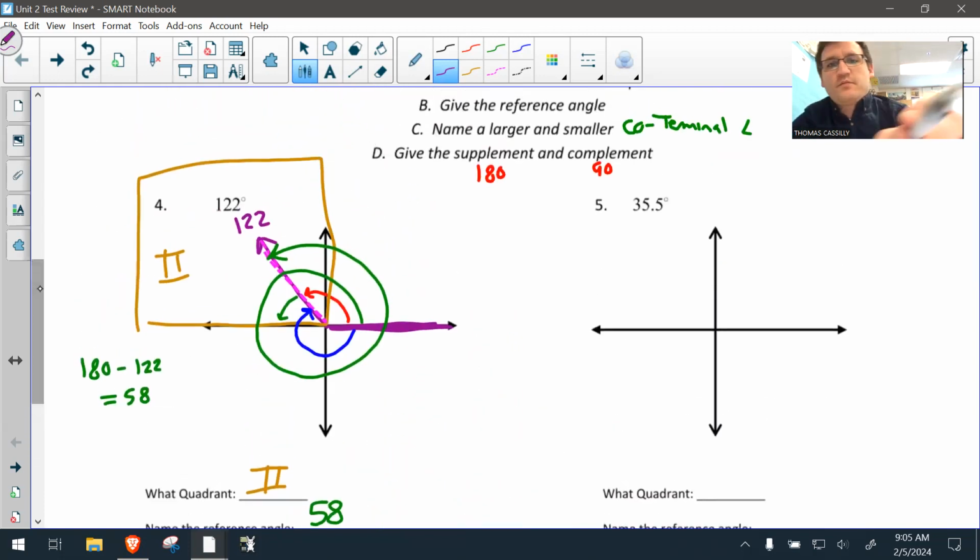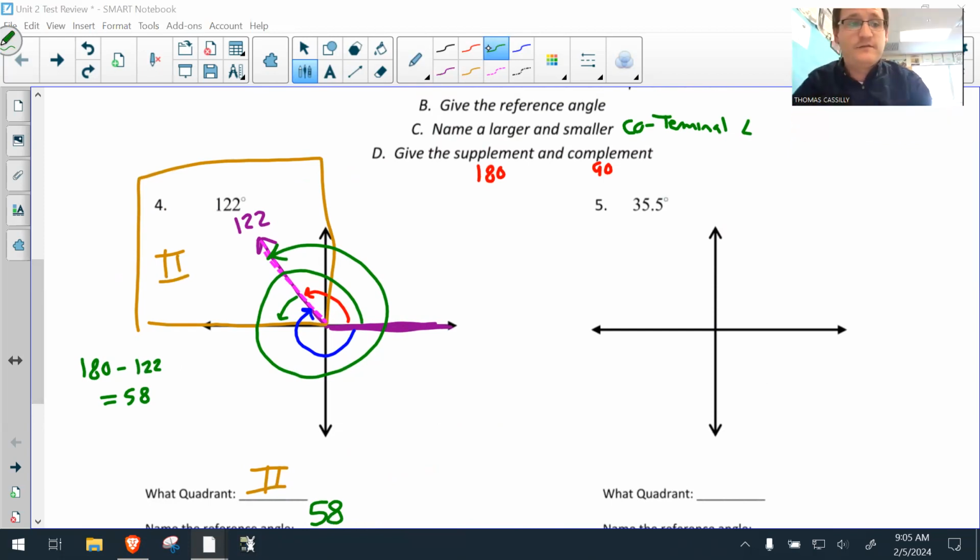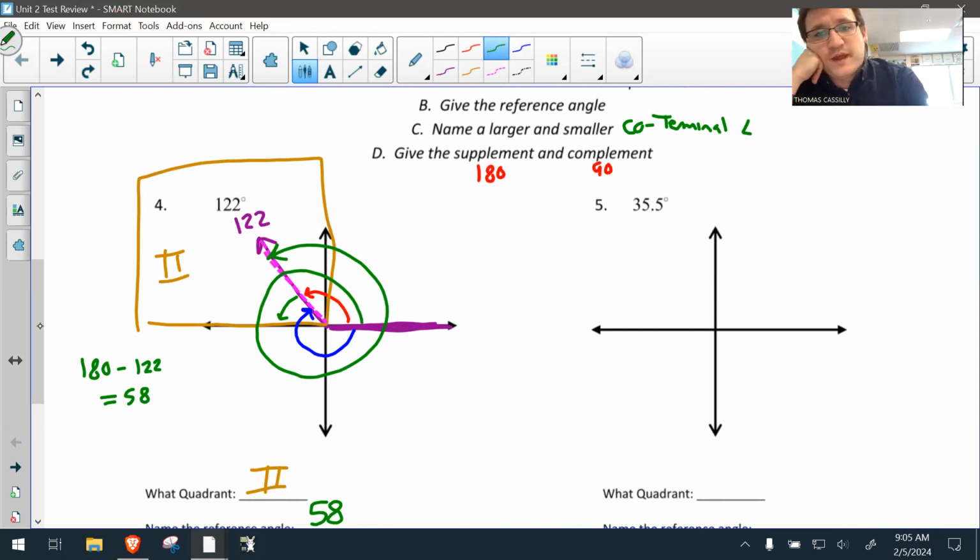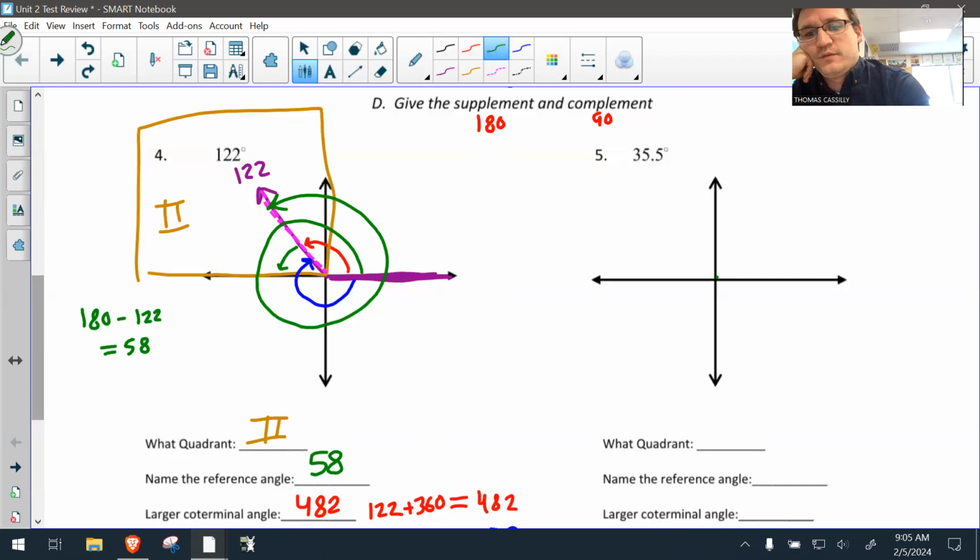All right, next one. 35.5 degrees. What do we have? That's going to be somewhere right here. So this is our angle in standard position. Here is 35.5.